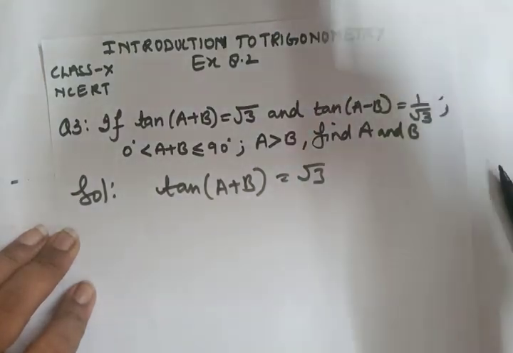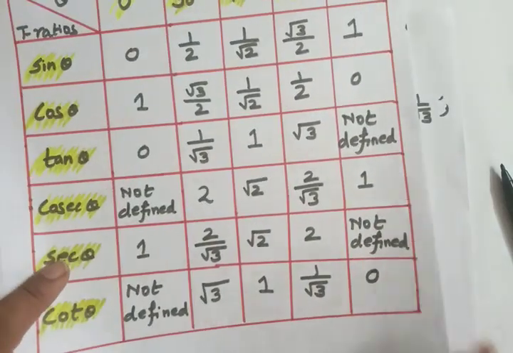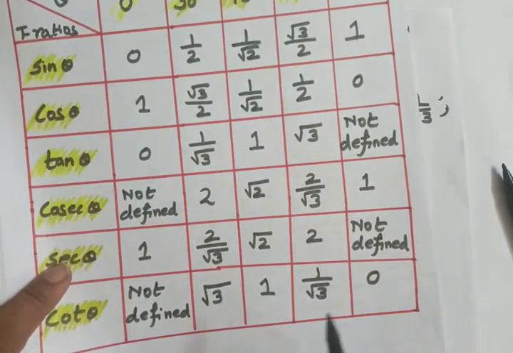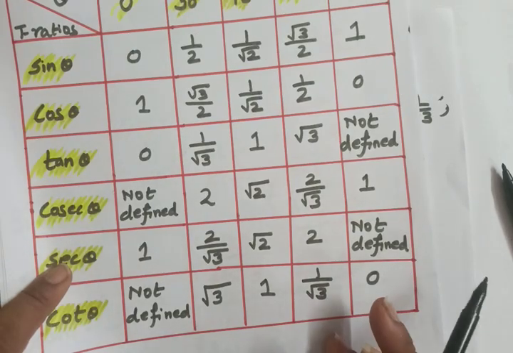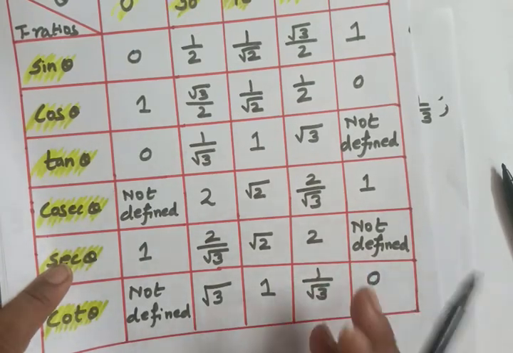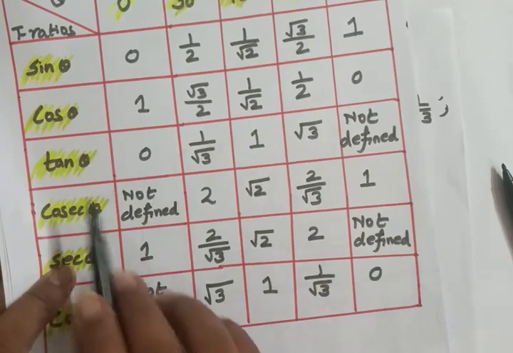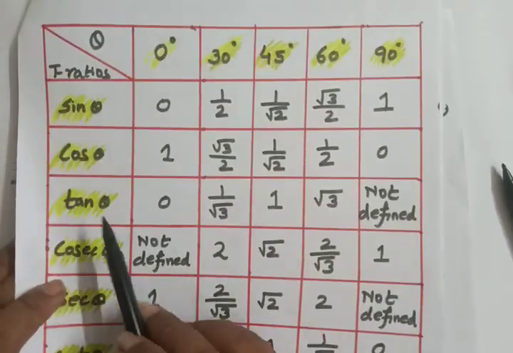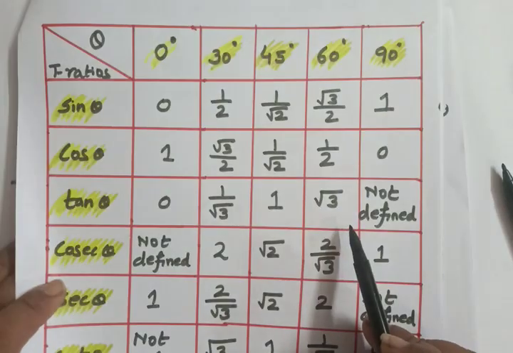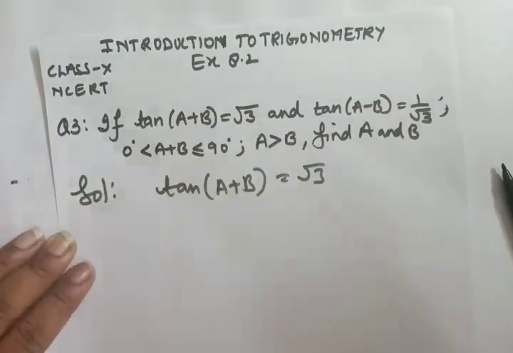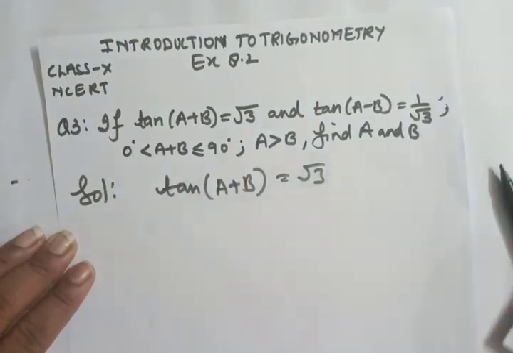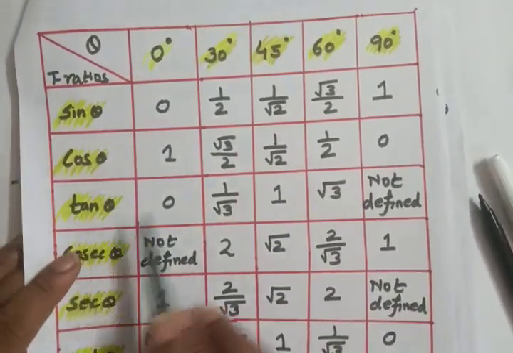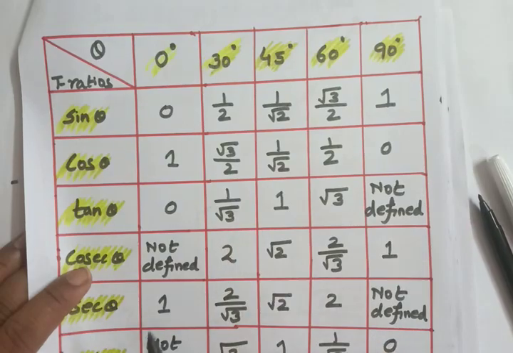Let's check. Tan 60 degree is equal to root 3. Because this is the starting, I am showing you that table, otherwise you need to learn this. Next, tan (A minus B) is equal to 1 upon root 3. We will check here again, tan 30 degree is equal to 1 upon root 3.